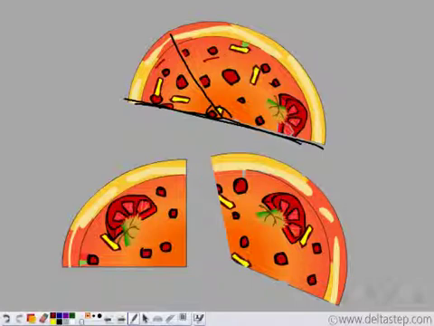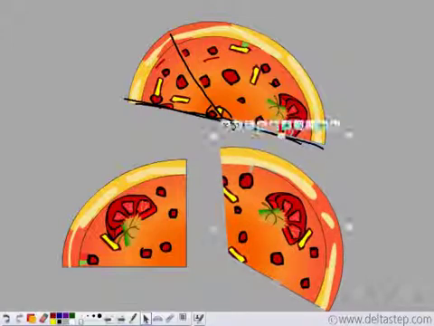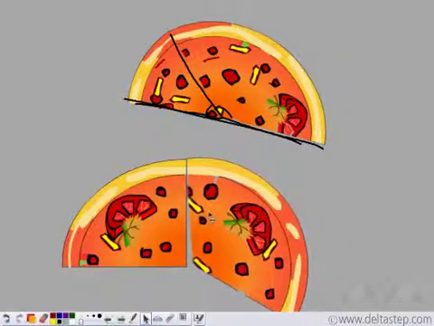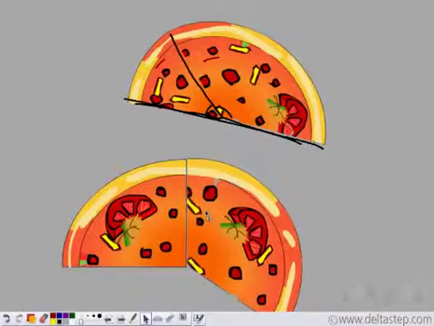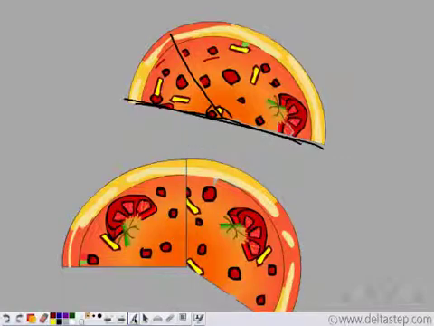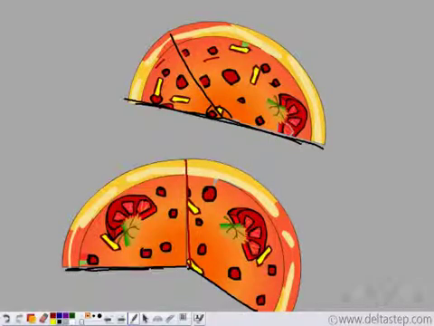What about these two? Let's check. We bring them together and join them. Now this is the common arm. This and this are the non-common arms. We can clearly see that they do not lie on a straight line. Hence, these two slices do not form a linear pair of angles.